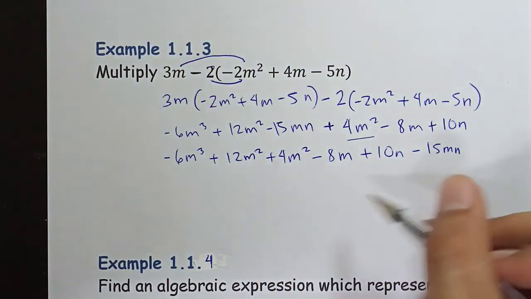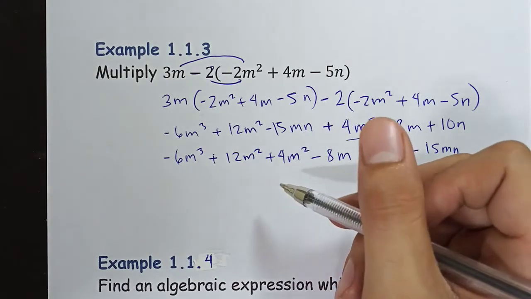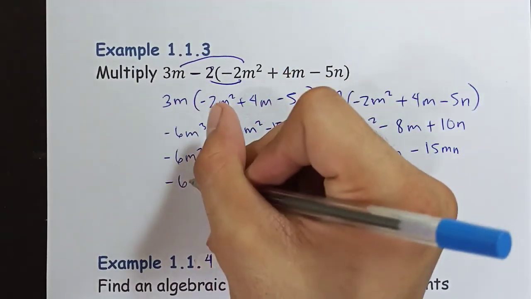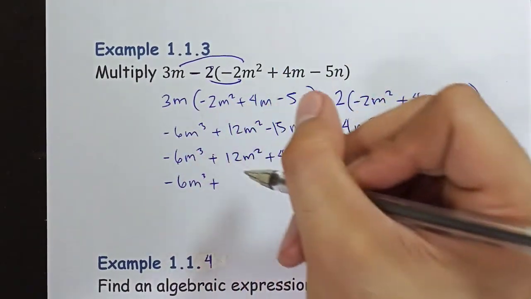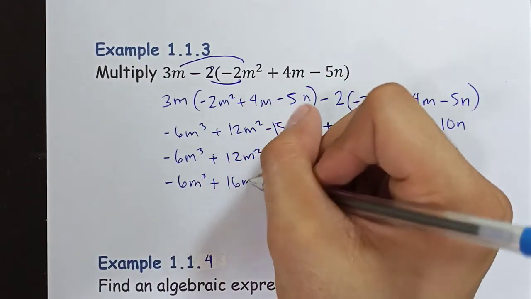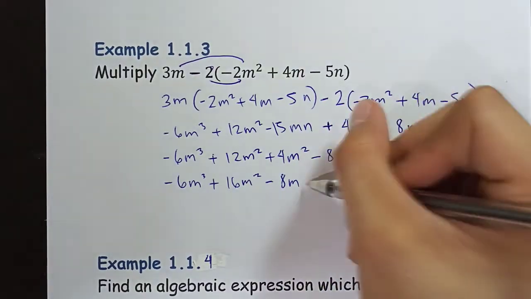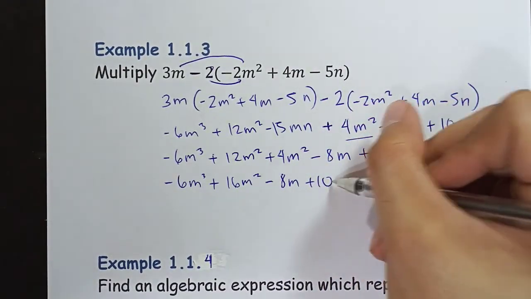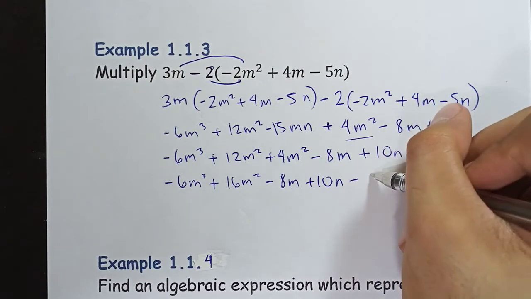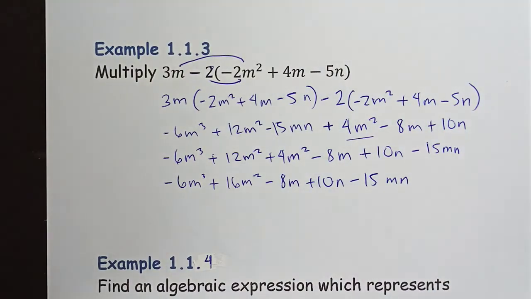Then ito lang masisimplify natin, si 12m squared plus 4m squared. So the answer would be 6m cubed plus 12 plus 4 is 16m squared minus 8m plus 10n minus 15mn. So, ganun lang. Ito na yung sagot.